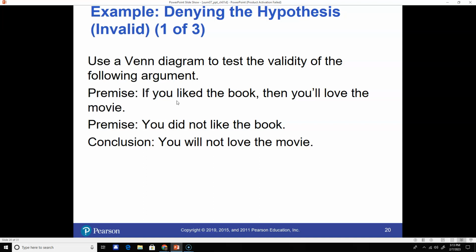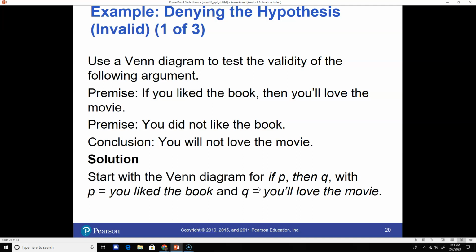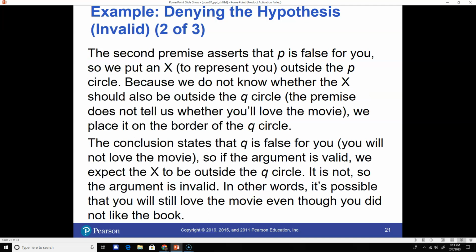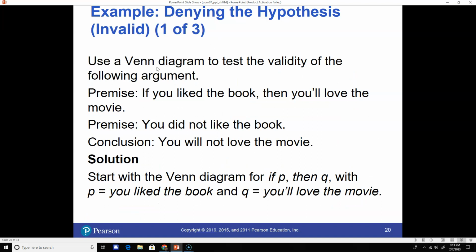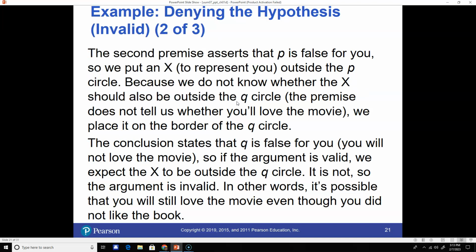So if we do it, basically we've got the people that like the book and people that either didn't read the book or did not like it. And then we've got the people that are involved with the movie. So, are we not using a Venn diagram for this one? Oh, no, we are. So, okay, sorry.